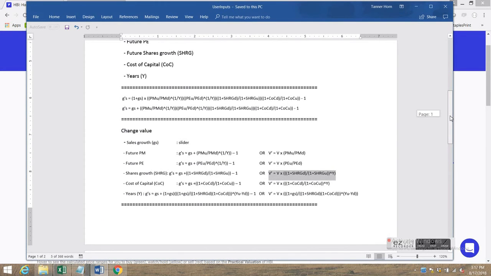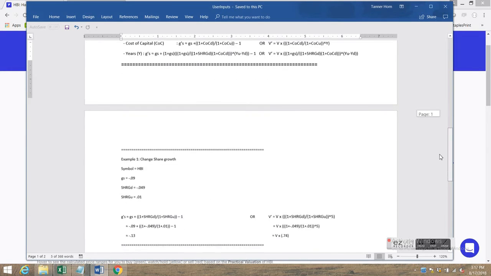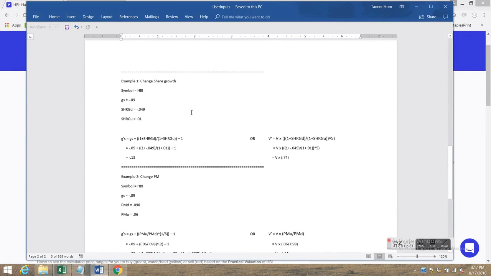Well, instead of flipping back and forth to the website, let's just go down here and do some examples. Let's say that share growth was something that you want to change. Well, the growth for Hanesbrands right now is -9%. Share growth is defaulting to -0.4. So instead of repurchasing, let's say you, the user, think they're going to issue shares. Over here, you see the math, just plug in the numbers, and you would get a -13%.